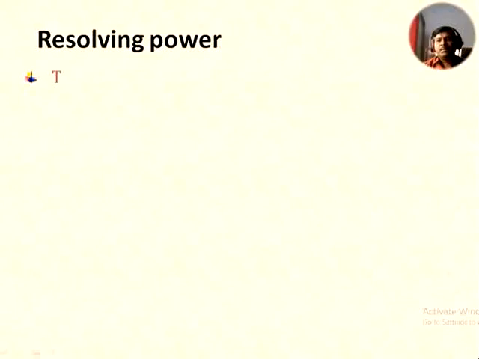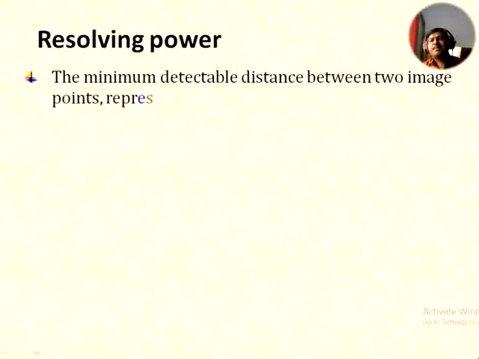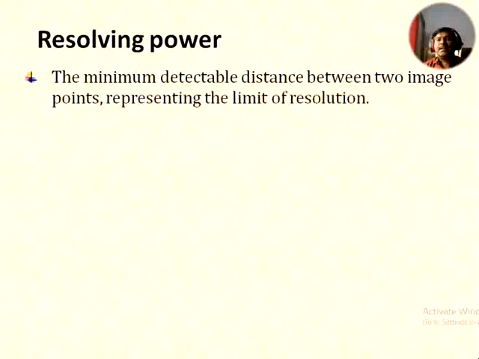The resolving power is defined as the minimum detectable distance between two image points, representing the limit of resolution. Here, the minimum detectable distance between two images is called the resolving power.